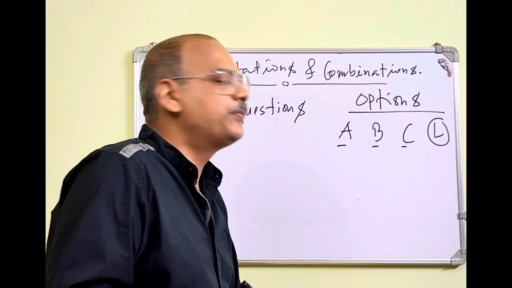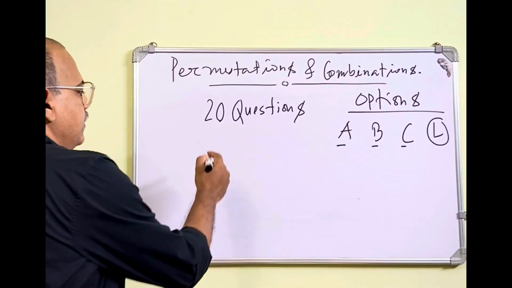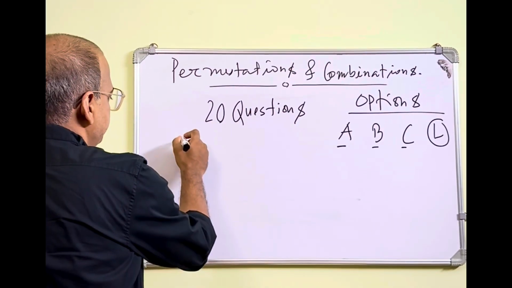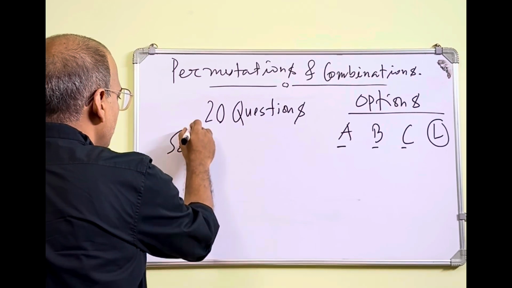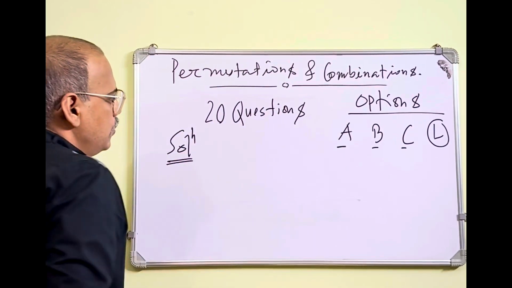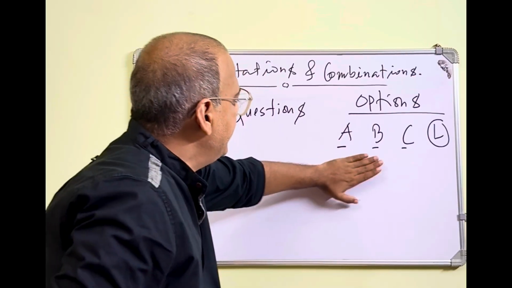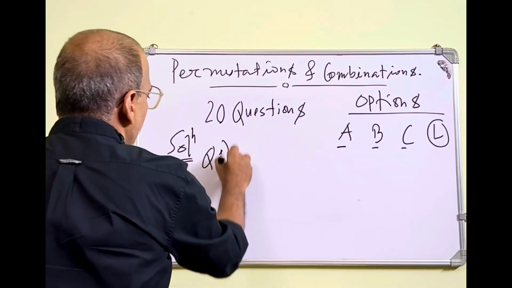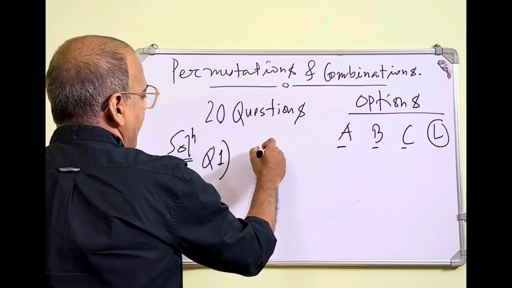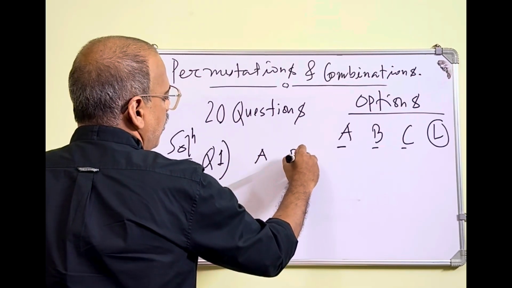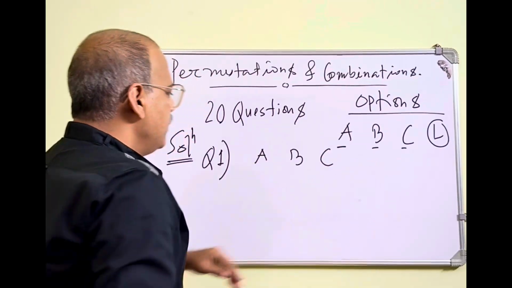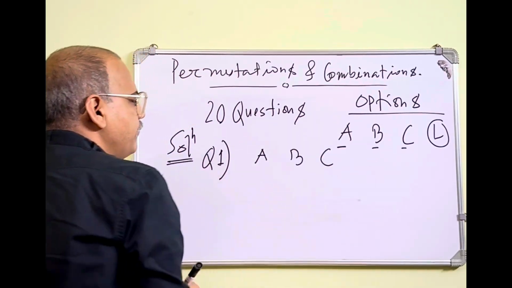So let us approach this. Let us solve this particular problem. What are the different combinations we can choose? Let's say question number 1. I have options A, B, C, or I can leave. What are the different combinations I can form with this?